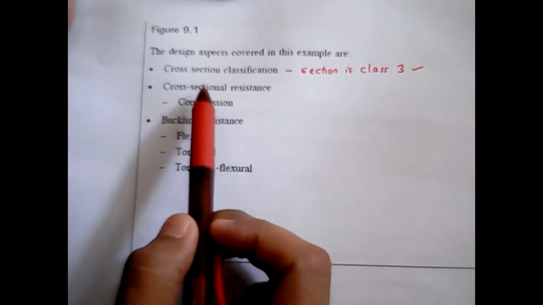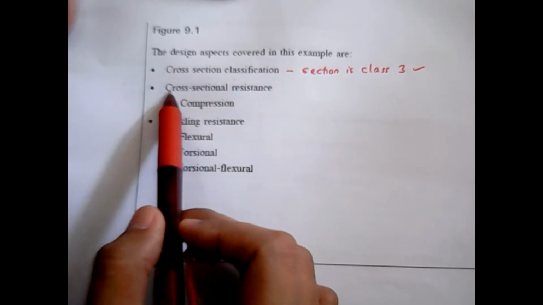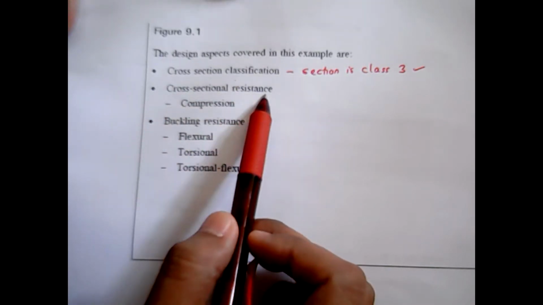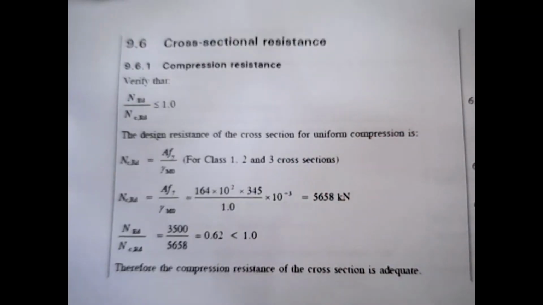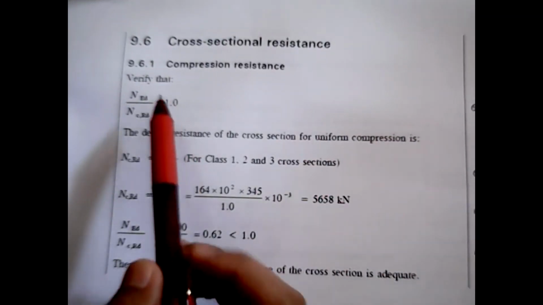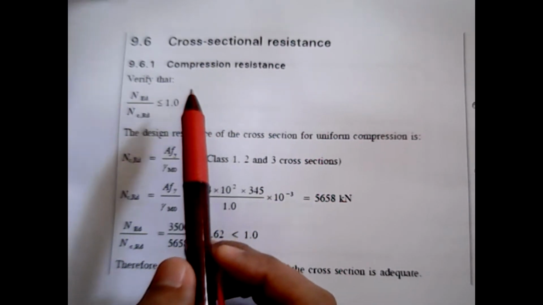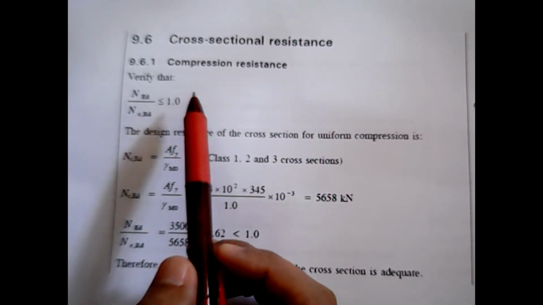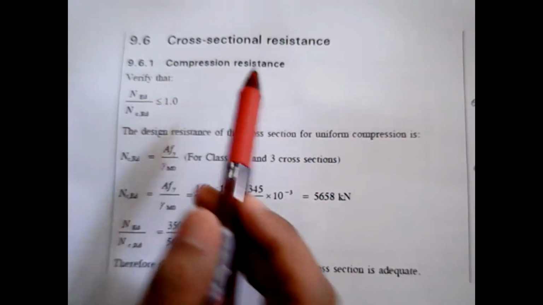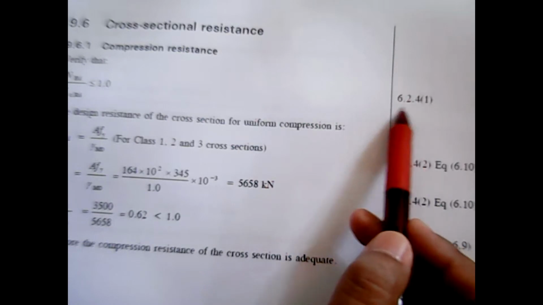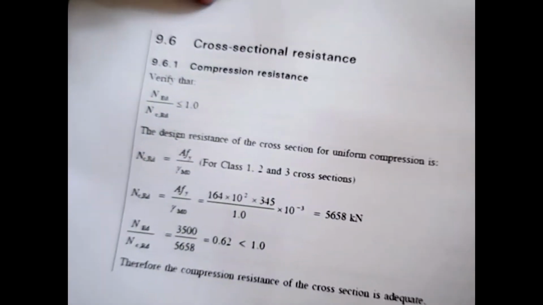Okay students, now let's check the second verification that we need to conduct, which is the cross-sectional resistance of the compression members. According to BS EN 1993 Part 1-1:2005, for the compression resistance you need to refer to clause 6.2.4, which is the clause for compression member resistance.